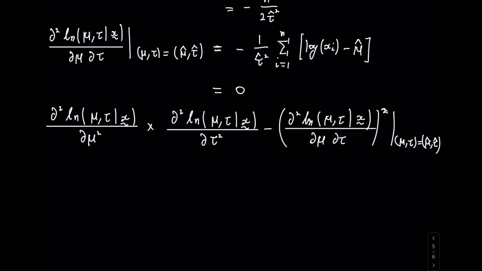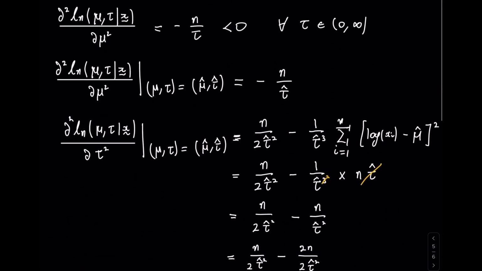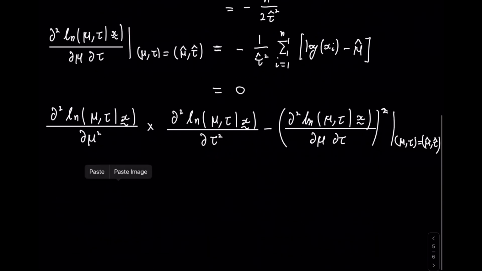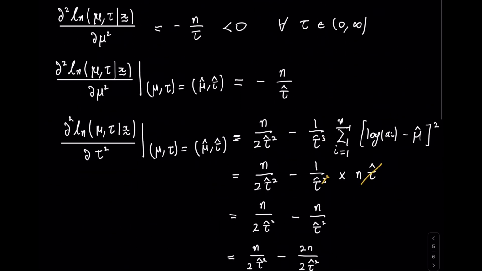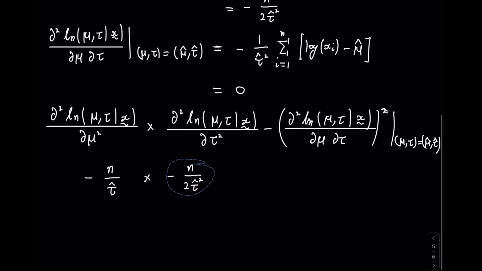We've come up with all those expressions now. The first expression with respect to mu squared, where did we calculate it? Here it is. Copy. The second expression that we evaluated, the second derivative with respect to tau, we evaluated it here. Here it is. Copy. Paste that down.